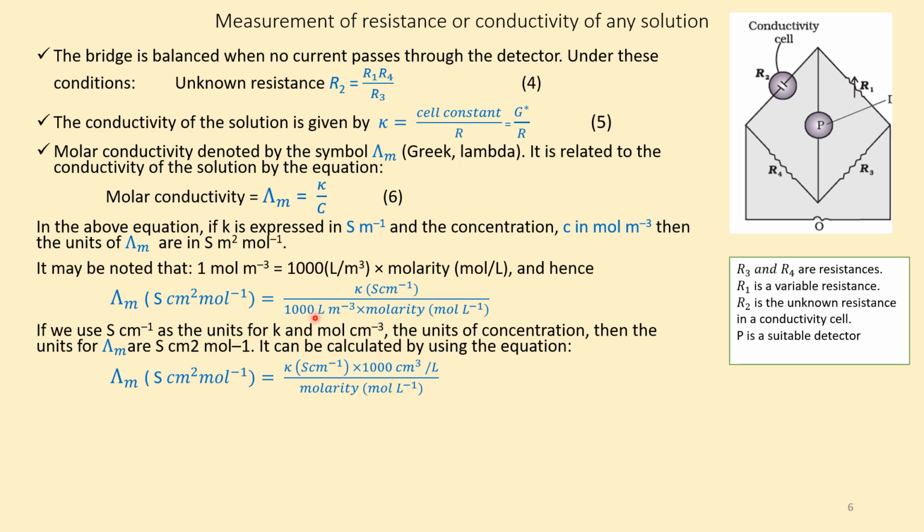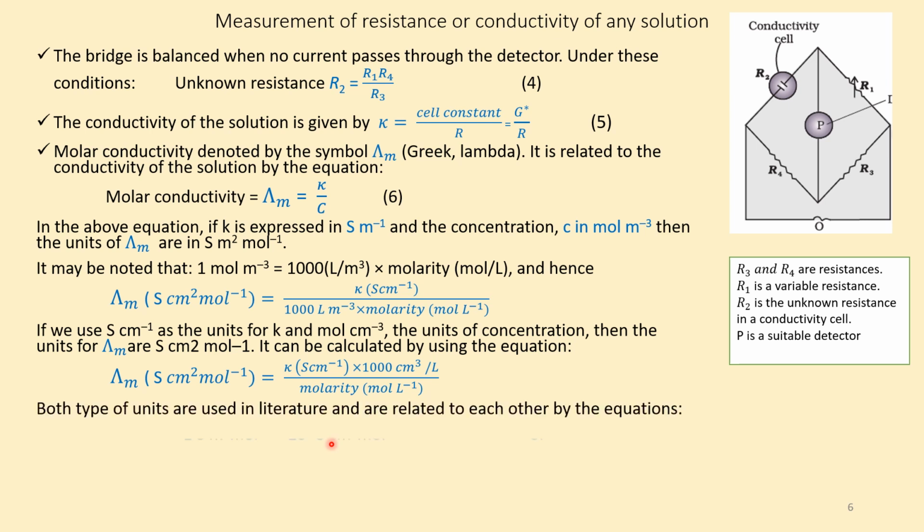So this 1000 goes to the numerator and this meter also goes to the numerator, so we can express it in this form. Both types are used in practice and are related to each other by the equations: 1 Siemens meter square per mole equals 10 to the power of 4 Siemens centimeter square per mole, or 1 Siemens centimeter square per mole equals 10 to the power of minus 4 Siemens meter square per mole.